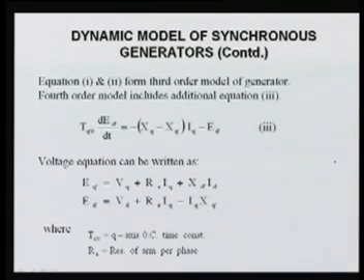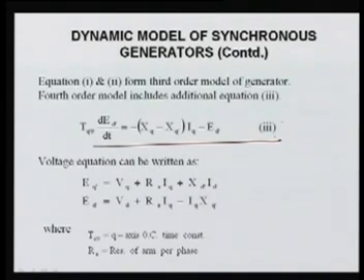Now equations 1 and 2 form the third order model of the generator. The fourth order model includes an additional equation, with TQO prime, another differential equation for ED prime. Here we are including this equation, so it forms a fourth order model of the machine.